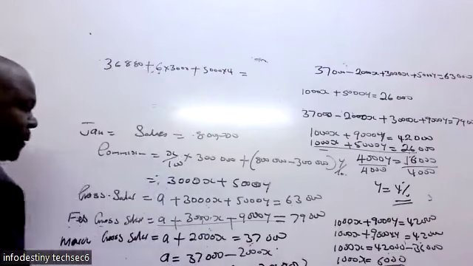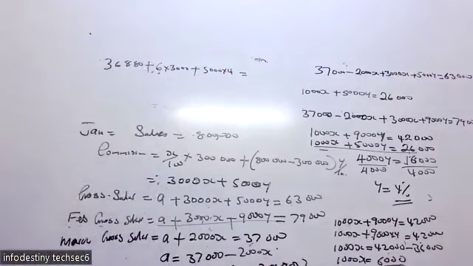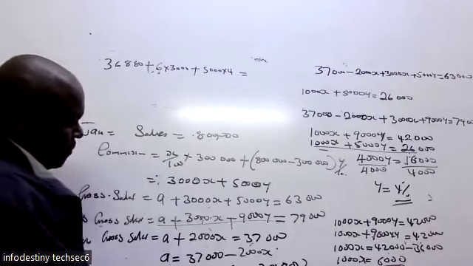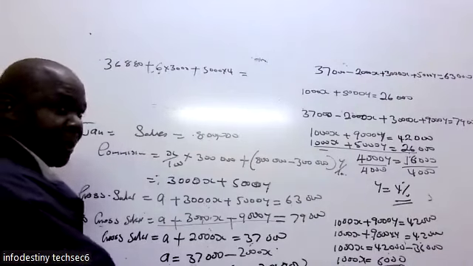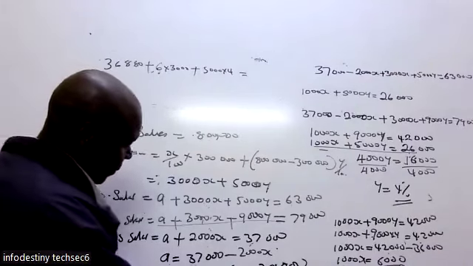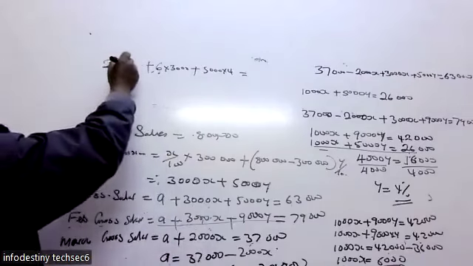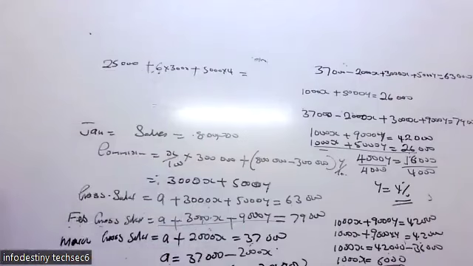That's pattern ngapi? Ngapi? 25. So if this is 25, now calculate.